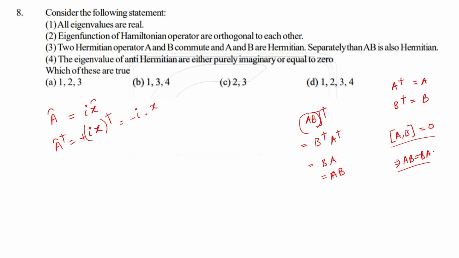So there is no imaginary value. That is why x is a Hermitian operator. So A dagger is going to be minus ix, which is actually minus A. So A is anti-Hermitian. So the eigenvalues of anti-Hermitian operators are either purely imaginary or equal to 0.